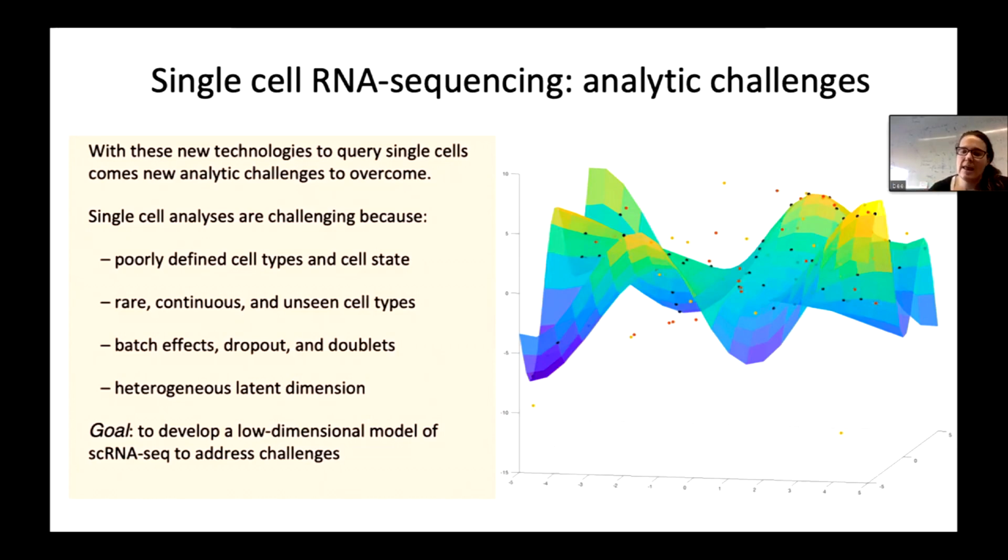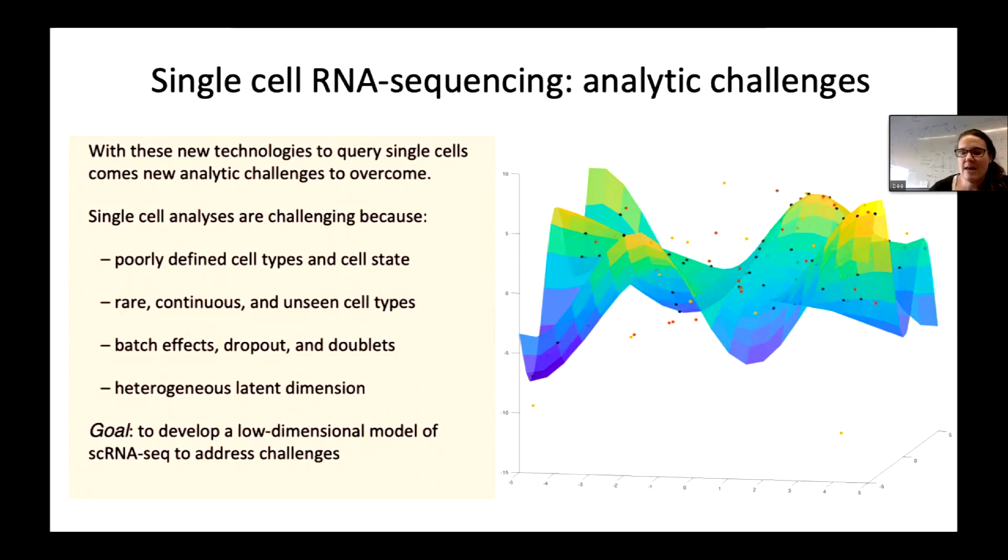And so getting that variation right is something that I'm extremely concerned about in these methods. So in order to address all these problems, we developed a low-dimensional model of RNA sequencing to deal specifically with these issues.